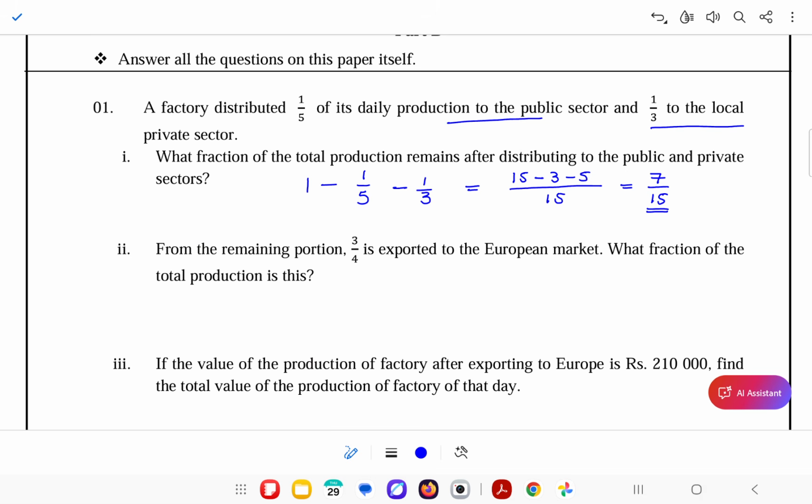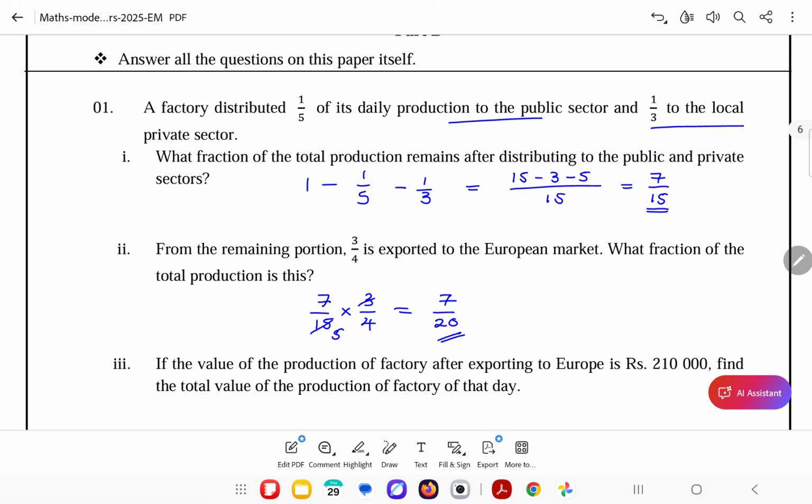From the remaining portion, 3/4 is exported to the European market. What fraction of the total production is this? So from the remaining, which is 7 over 15, 3/4 is exported, so multiply by 3/4. Cancel, you get 7 over 20. Right.